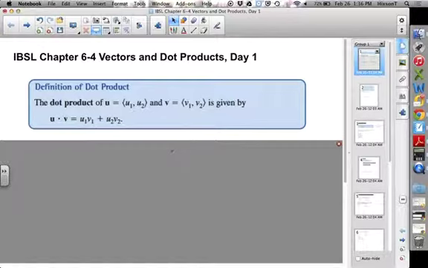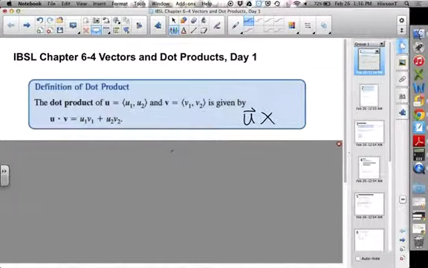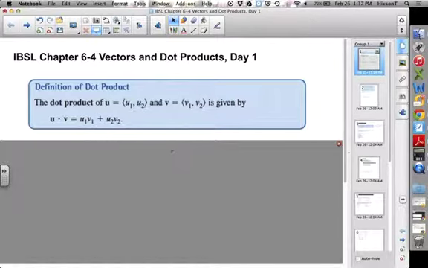The dot is significant because there's also what's known as cross multiplication, u cross v, and that's something totally different. We're not going to get to that.